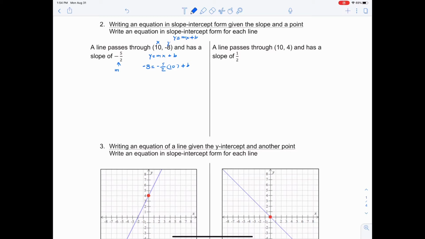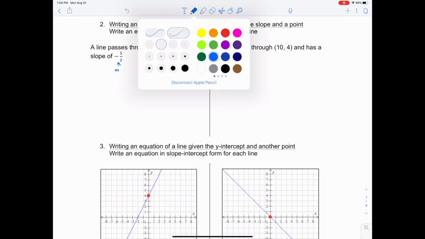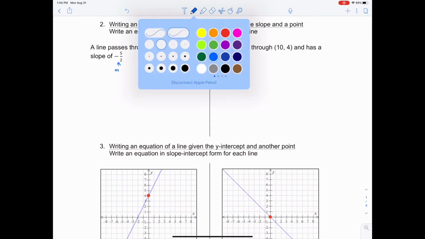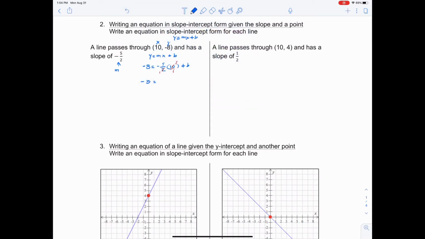So we have -8 equals, and we can do some cross cancellation here. It's 1, 5. So what is -5 times 5? That's -25 plus b. We can add 25 to both sides.